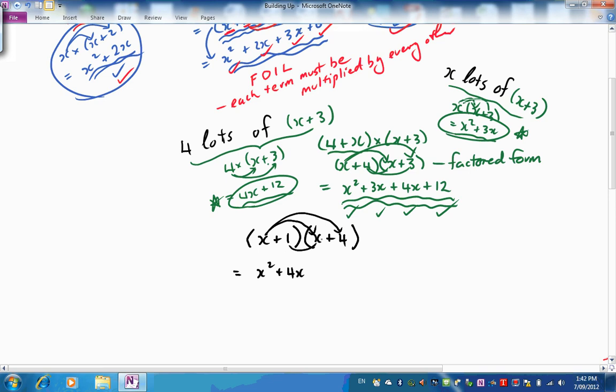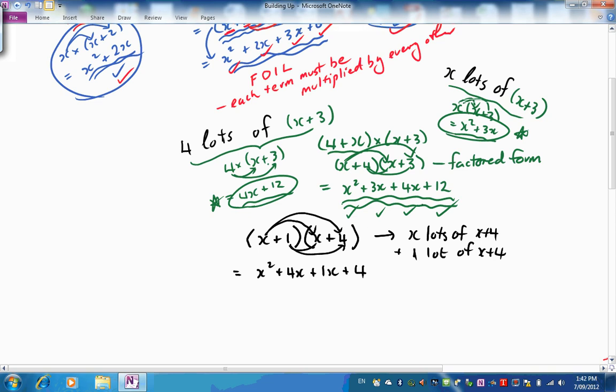Then we've got 1 times x is 1x, 1 times 4 is 4. Because really this bracket is saying we've got x lots of our x plus 4 and plus 1 lot of the x plus 4, all condensed up into this factored form.